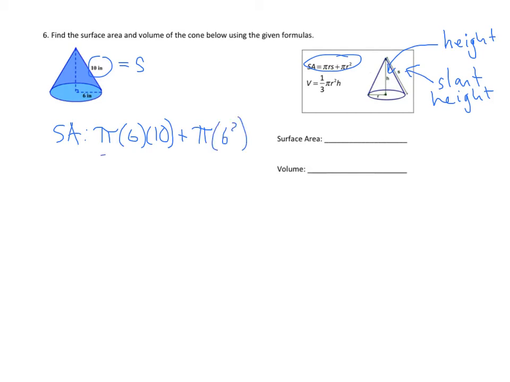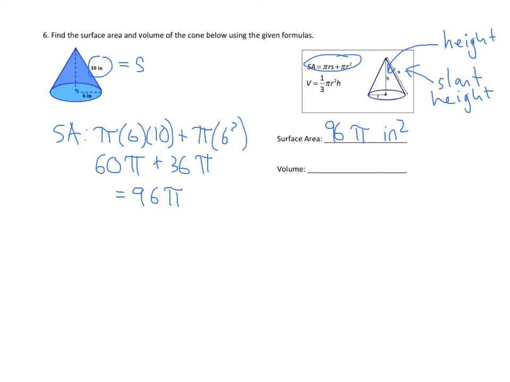This gives us 60 pi plus 36 pi, which adds up to 96 pi. So we get a surface area of 96 pi, and this is in inches, so square inches.